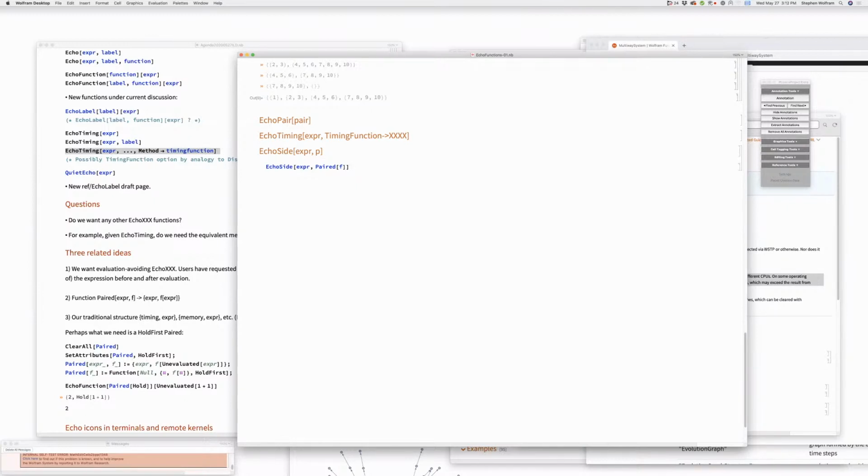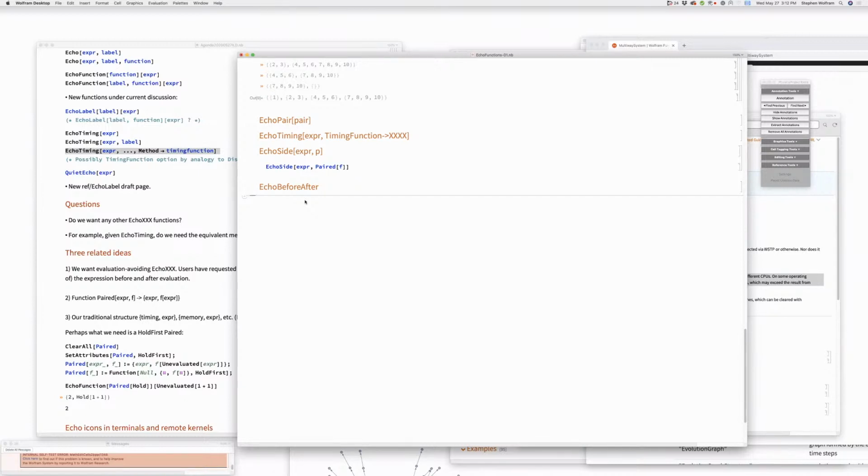Okay. Is there another thing? And then we've also talked about echo before after. Is that related to these, or is that something yet different? Before we echo side also, what if there was a different version where you just give it F and it does the paired for you? I don't know which one we prefer, given that absolute timing and timing already return a pair.